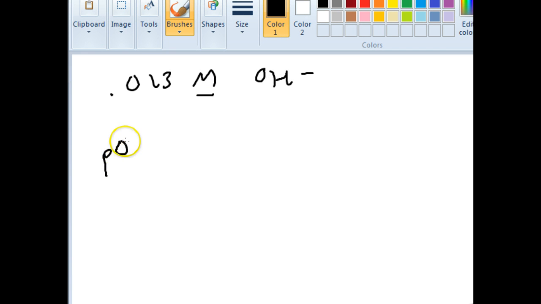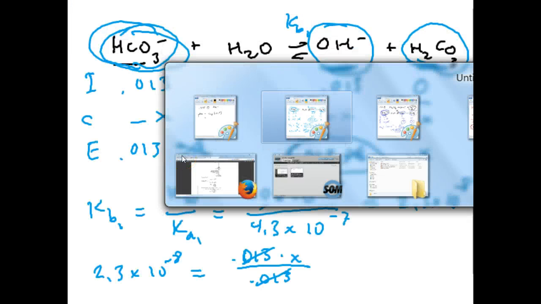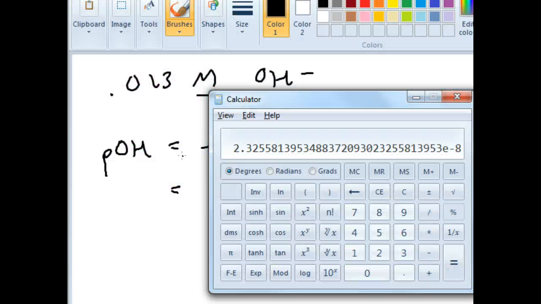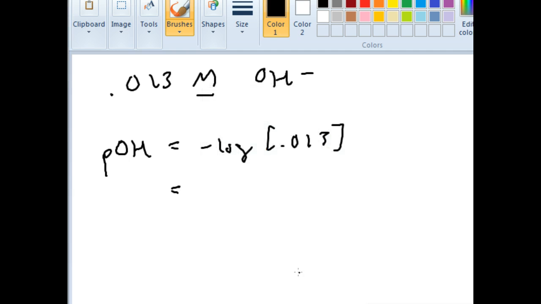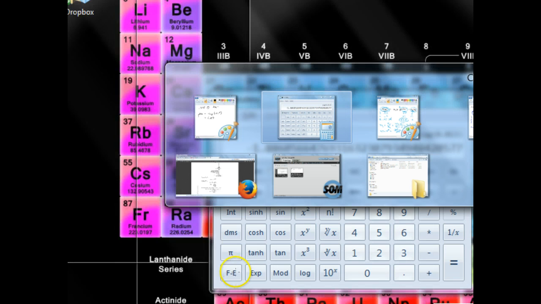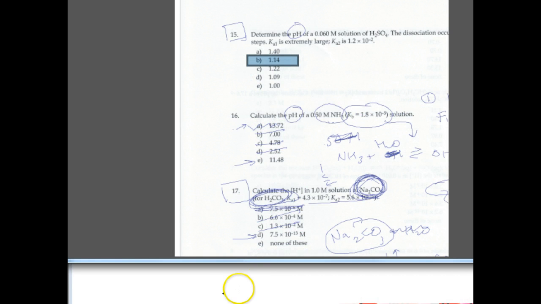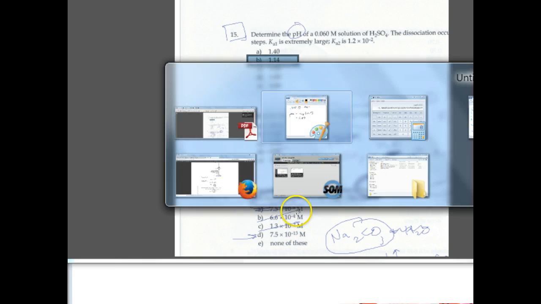So the pOH is the negative log of 0.013, and the negative log of 0.013 is 1.89. Wait, they were asking for the pH. Am I right? Maybe not. They were asking for the H plus concentration.